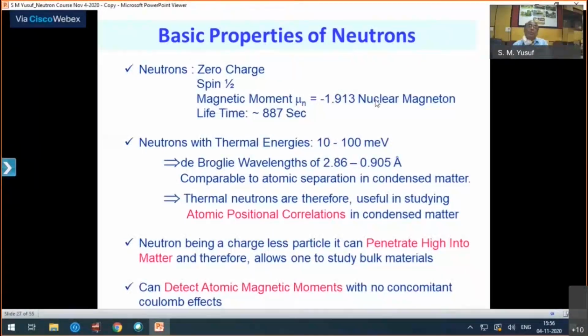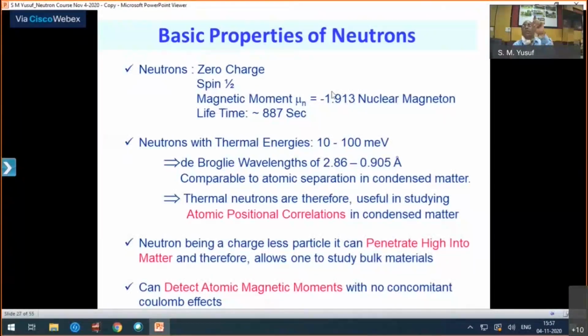So the neutron mass is typically 1800 times heavier, so this is 1800 times weaker, because the neutron mass comes in. So that is what you see in the nuclear magneton here. So it is a very, very tiny magnetic moment compared to the electron magnetic moment.